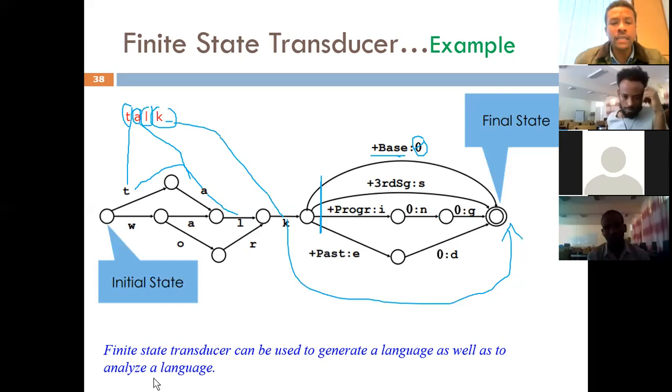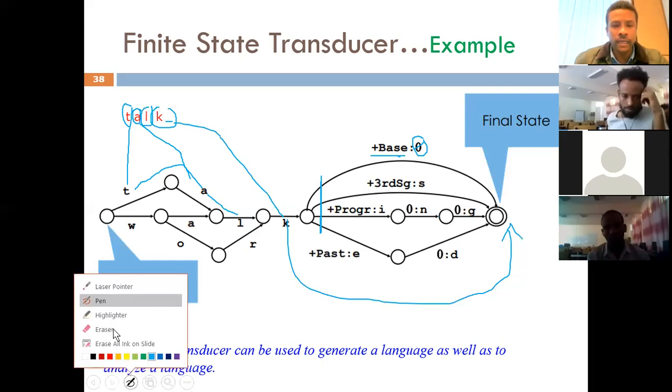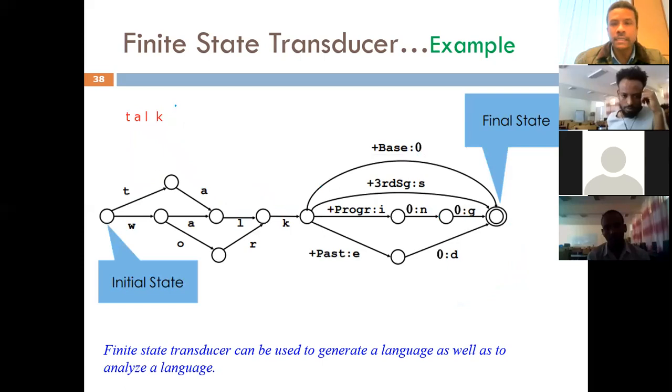Now, what if we have another word? Okay, let's have another word, let's say, caring. In this case, it tells you that the input word starts with C, right?